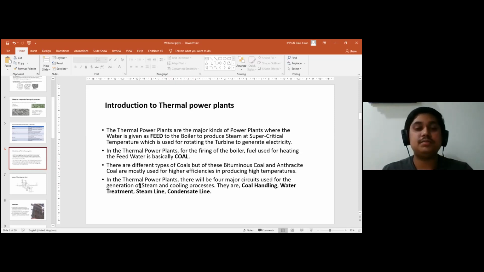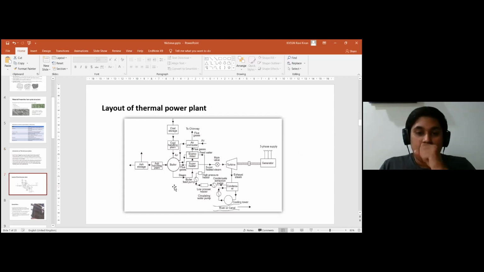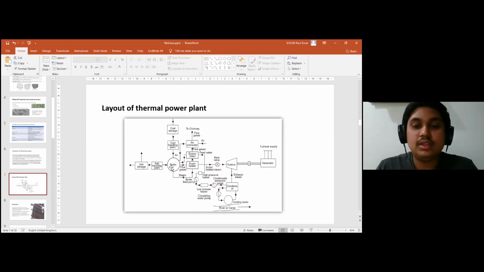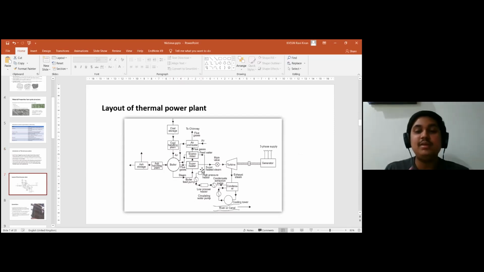So when we are talking about these power plants, the main components consist of the boiler, superheater, and economizer, because these are the main steam producing elements found in the thermal power plant. And of these, we are going to talk about the economizers.